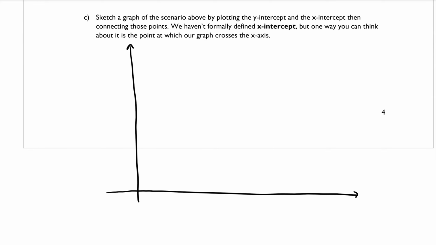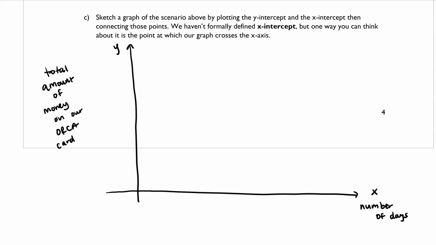And so our x-axis, we can say that that is the number of days. And our y-axis, or our vertical axis, we could say that represents the total amount of money on our Orca card.